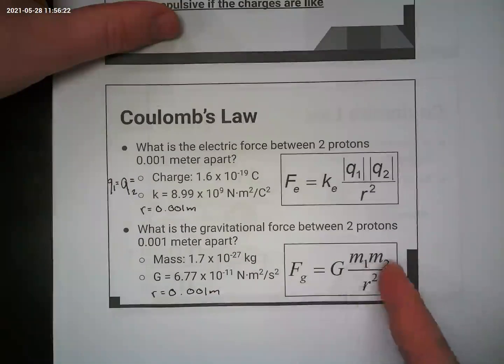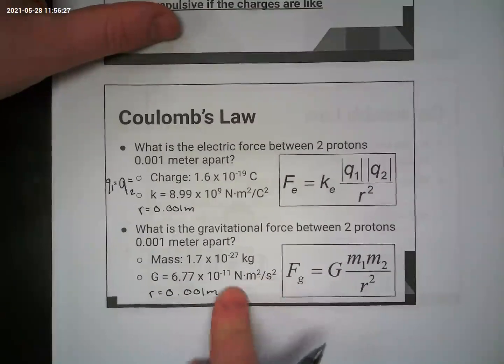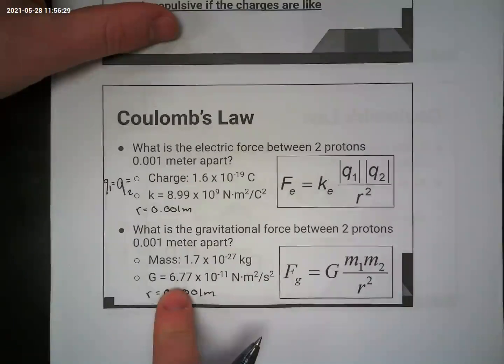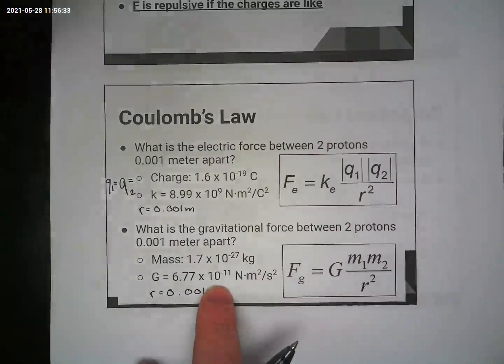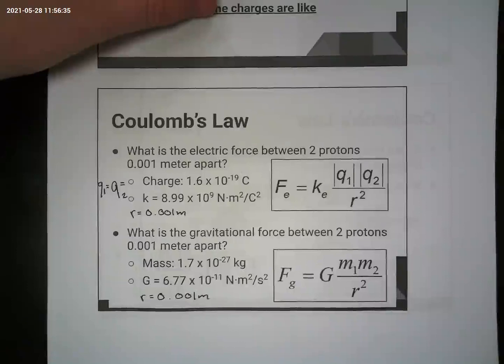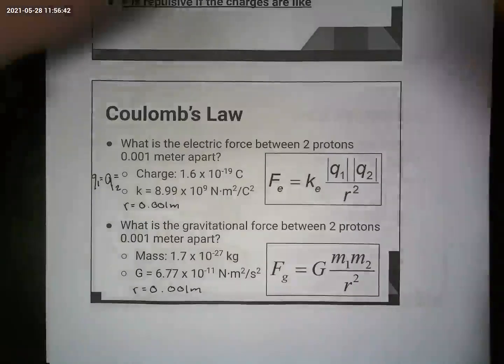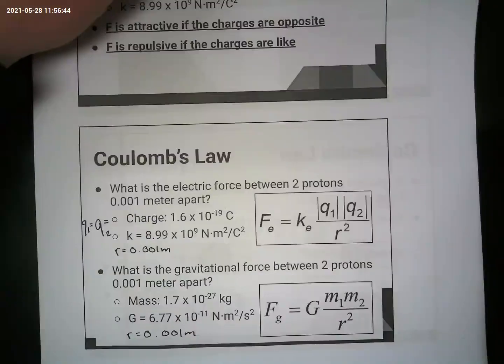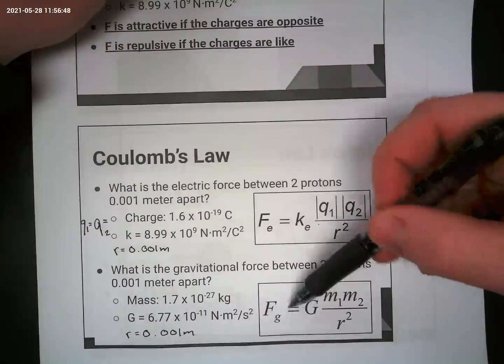And we have the mass, 1.7 times 10 to the negative 27 kilograms, and the universal gravitational constant, 6.77 times 10 to the negative 11 Newton meters squared per second squared. So we are tasked to find the electrical force versus the gravitational force.